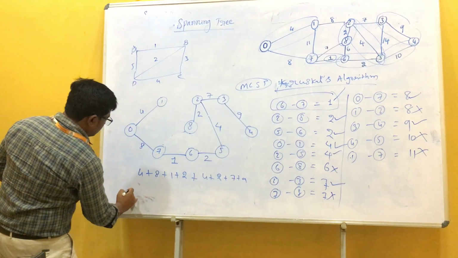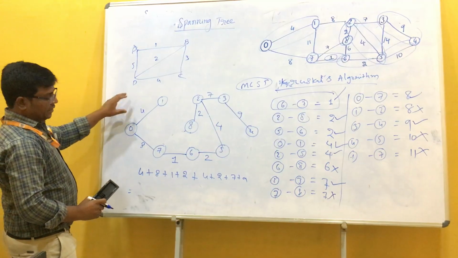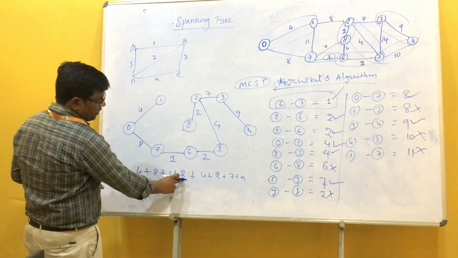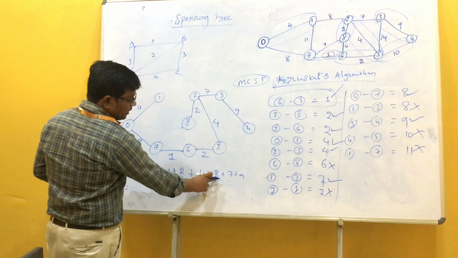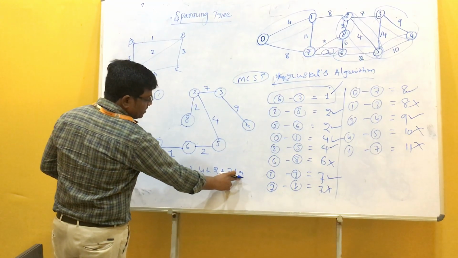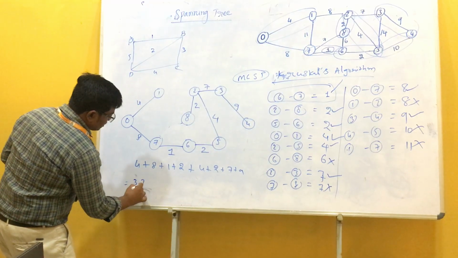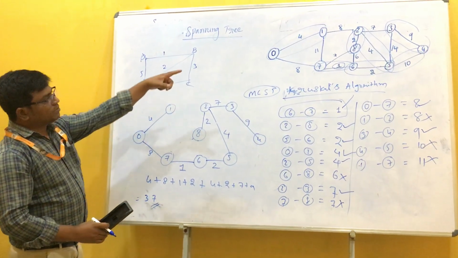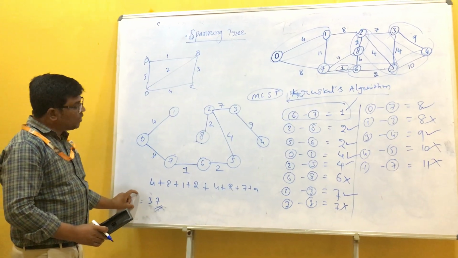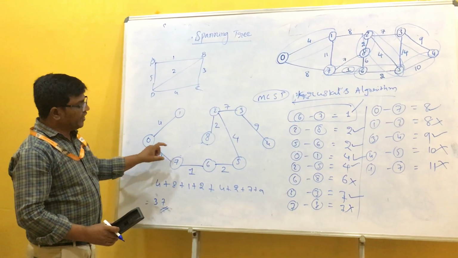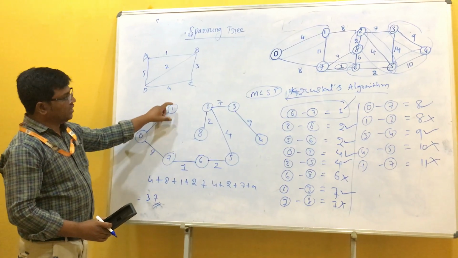So 4 plus 8 is 12, 12 plus 1 is 13, 13 plus 2 is 15, 15 plus 4 is 19, 19 plus 2 is 21, 21 plus 7 is 28, 28 plus 9 is 37. The total cost of the spanning tree here is 37. This gives the minimum cost only, because we are adding all the minimum weight edges for the given graph.